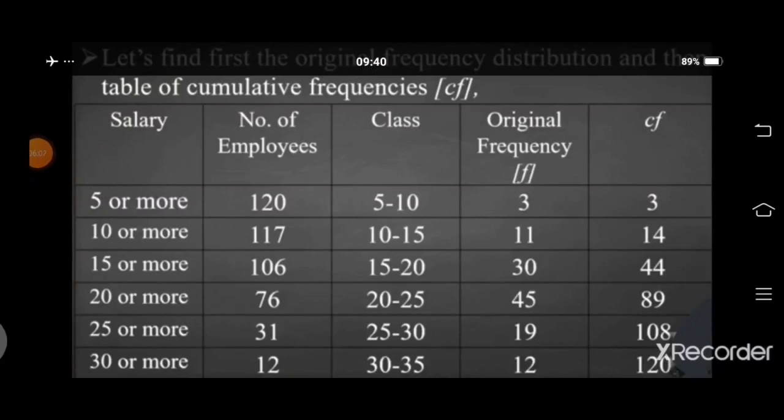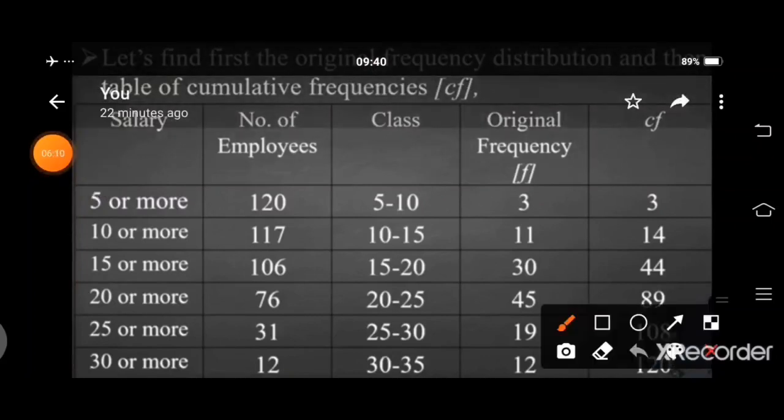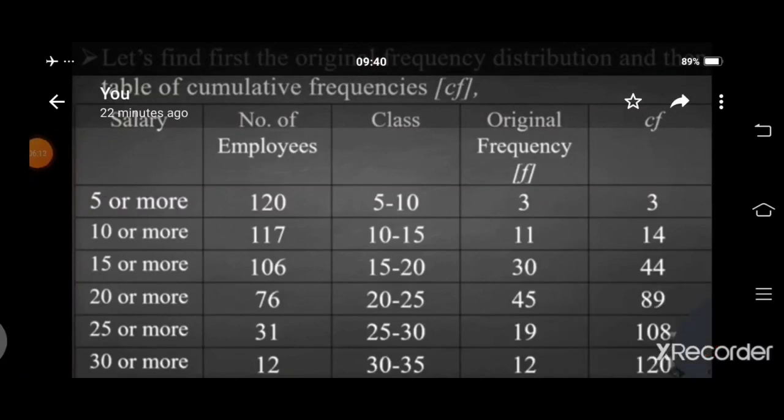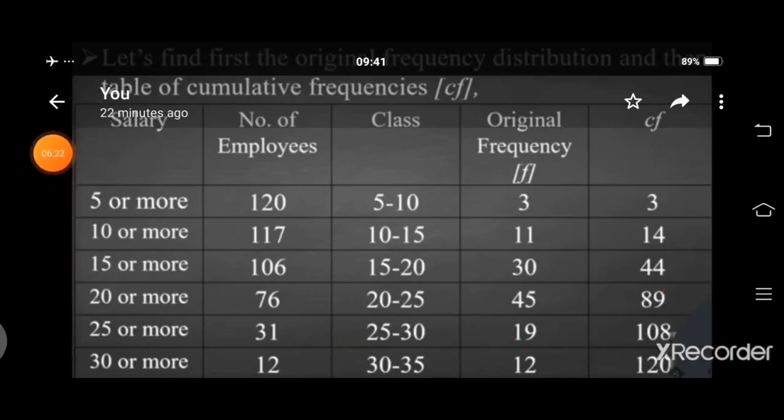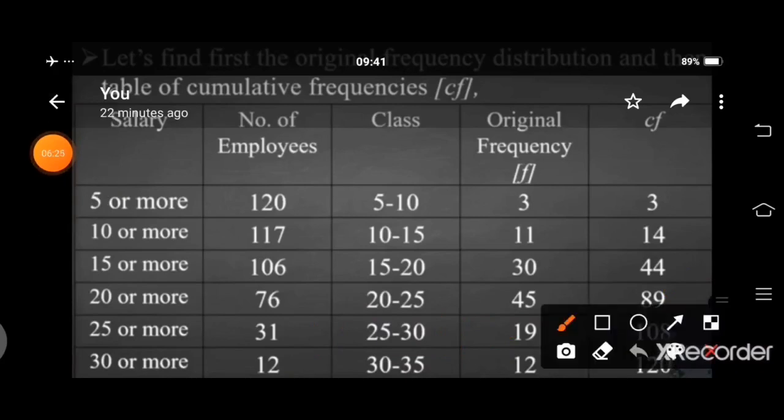The 96th observation will come here, 108 line. So in the frequency distribution, our lower limit would be 25, class length 5, then our frequency is 19, then CF is 89.